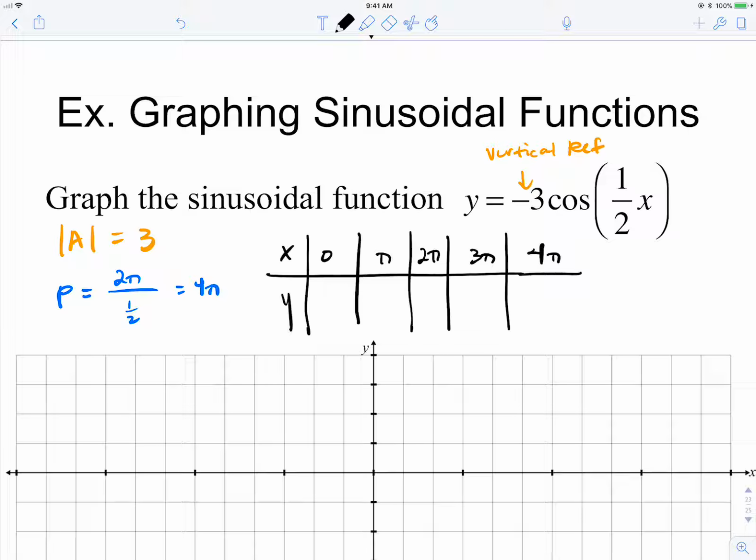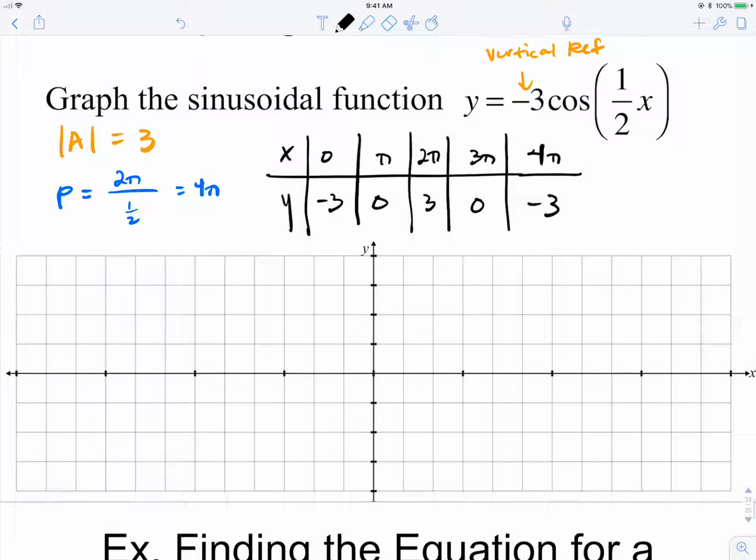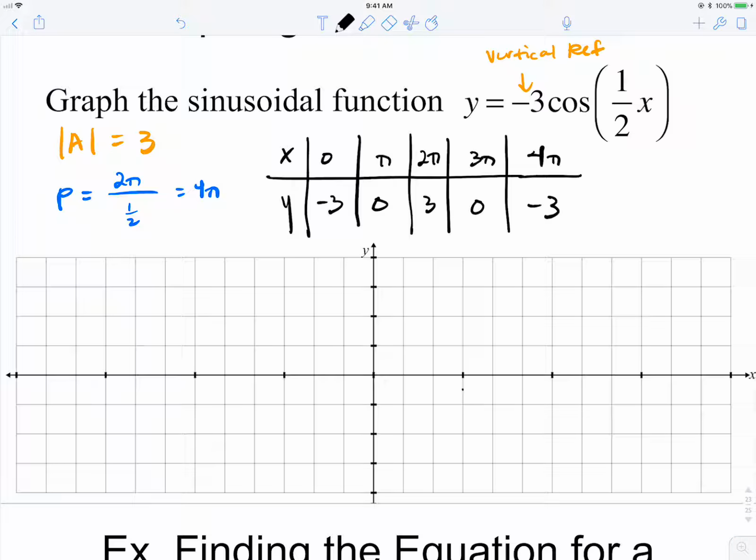Okay, filling in our table of values. This is cosine. Cosine normally starts at 0, positive 1, but this is cosine vertically stretched by a factor of 3 and multiplied by negative 1, so vertically reflected. So the graph's actually going to start at negative 3, go to 0, positive 3, 0, back down to negative 3. And again, the domain isn't specified for what I need to graph over, so I'm just going to label my x-axis with the same values that I used in my table of values.